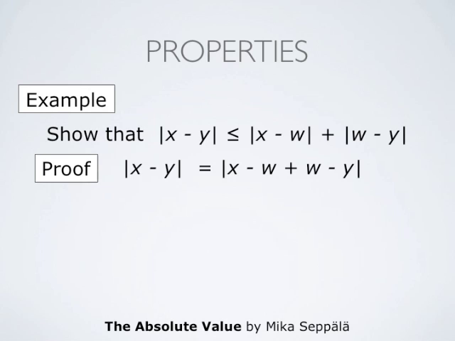So the absolute value of x minus y is the same as the absolute value of x minus w plus w minus y. Next, we use the triangle inequality on this expression, with x minus w being the x in the triangle inequality and w minus y being the y in the triangle inequality.